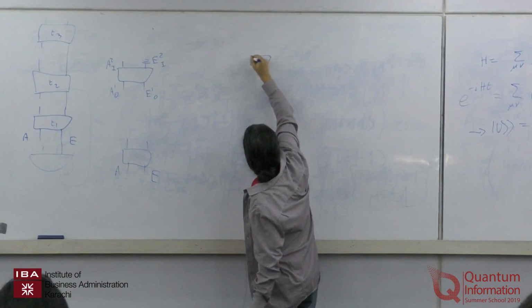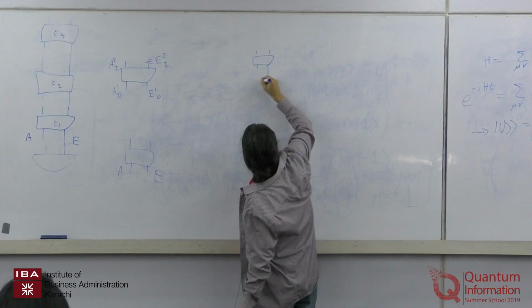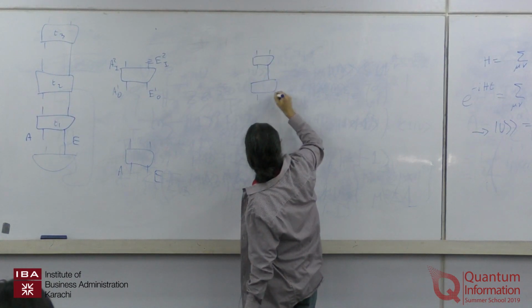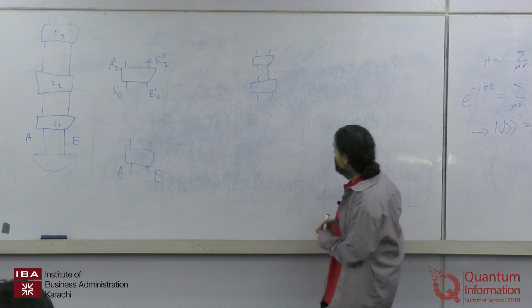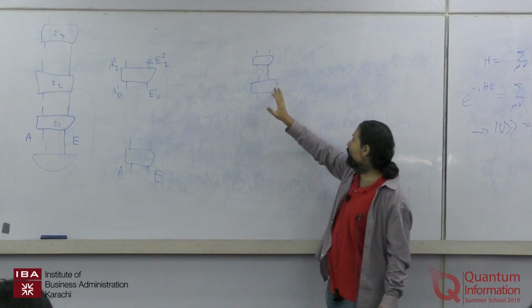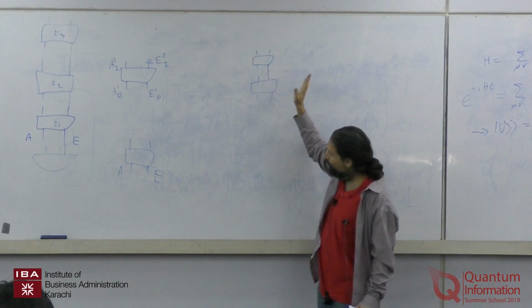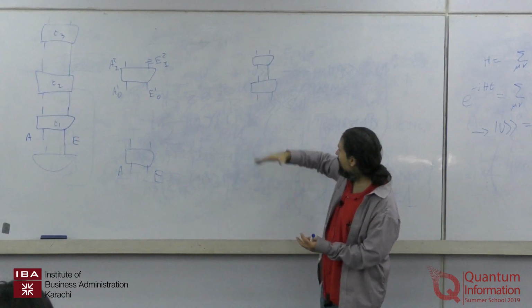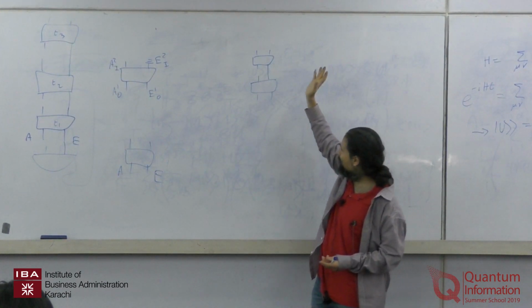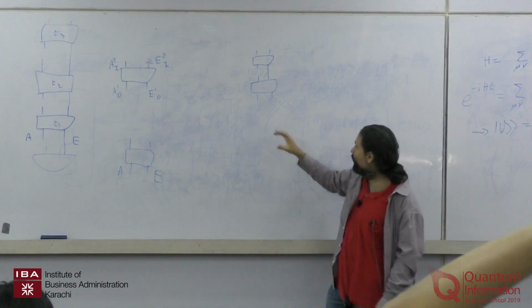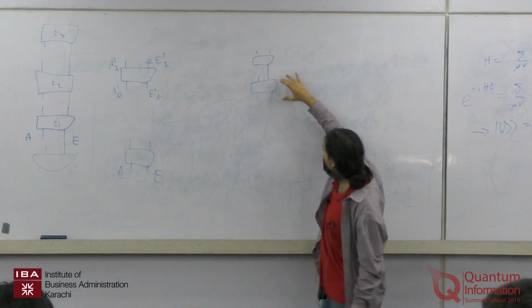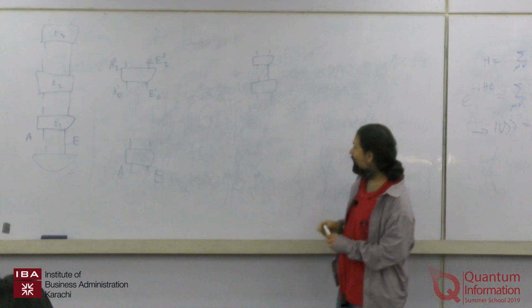So the step I want to do is to calculate this object here as a pure process. Remember, eventually what we want to do is to calculate a pure process or a pure state combining everything and then tracing out at the end. But the first step will be to calculate a pure process for just combining this.